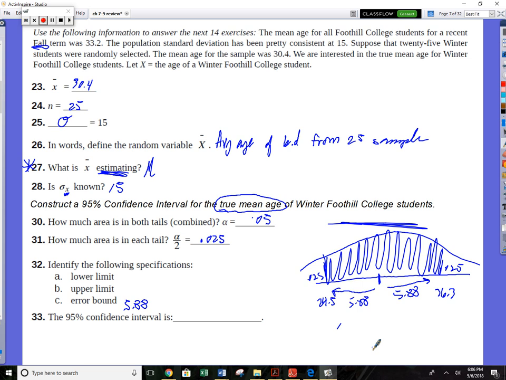So my range, I can estimate with 95% confidence that my population average, the true mean of all those kids, is going to fall somewhere between 24.5 and 36 and 3/10.